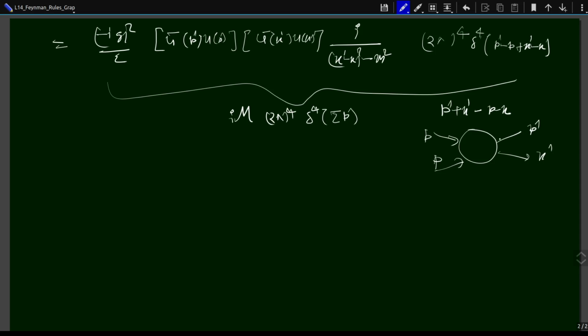So if I write down the sum of all the incoming ones, then I'll have the incoming and outgoing with opposite sign.